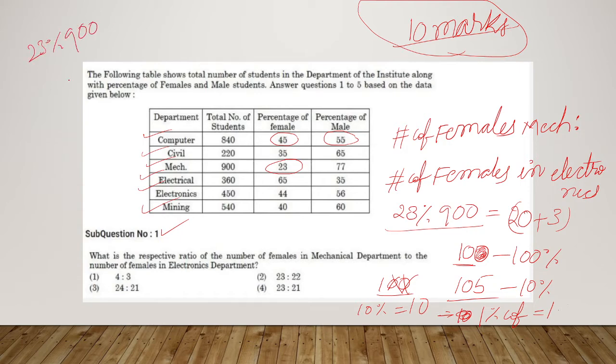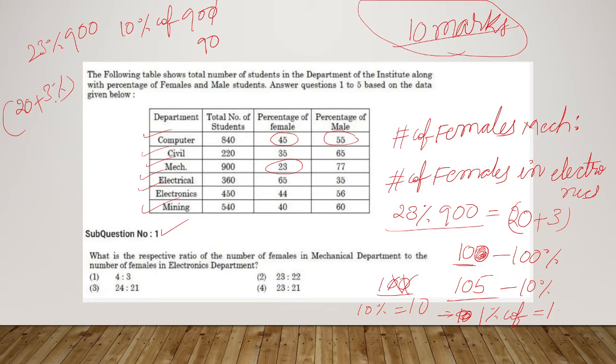I already told you we can write 20 plus 3 percent. How to find the 20? First, what is the 10 percent of 900? We can remove the last place, because it is a 0. 10 percent of 900 is 90.